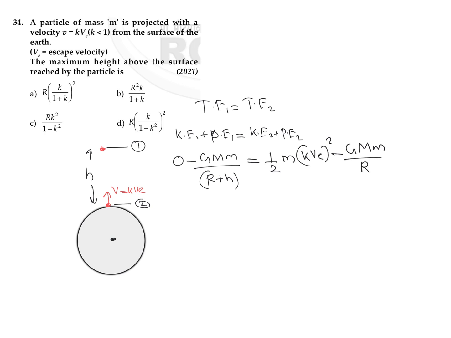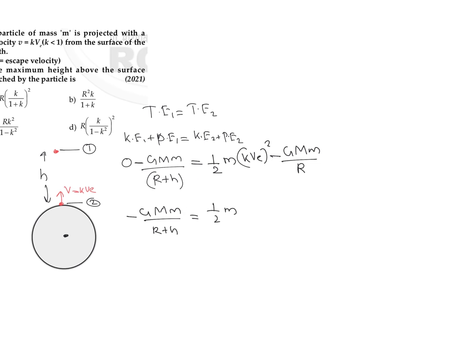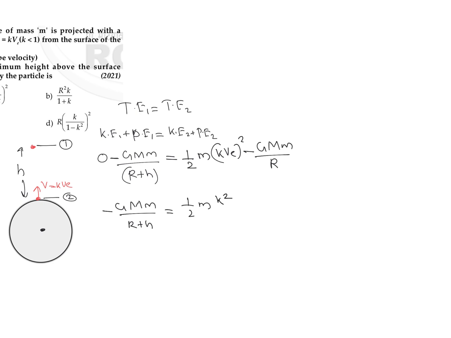Now we can put in the equation for escape velocity. So minus GMm divided by R plus h is equal to half times m times k square times, we know the escape velocity is the square root of 2GM divided by R. Squaring it, you get 2GM divided by R, minus GMm divided by R. Now we can cancel the common terms.